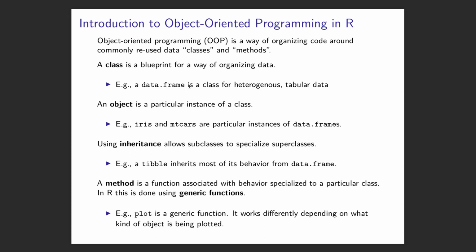Inheritance allows us to create subclasses that specialize superclasses. So we have this idea of a data frame, and suppose we want something that is a data frame but also does other things as well. We can use inheritance to say this thing is a data frame, but it's also this other thing and has certain specializations. If you've used the tidyverse in packages like dplyr, you've probably encountered a tibble. A tibble is essentially a data frame, but that's been specialized a little bit by the tidyverse.